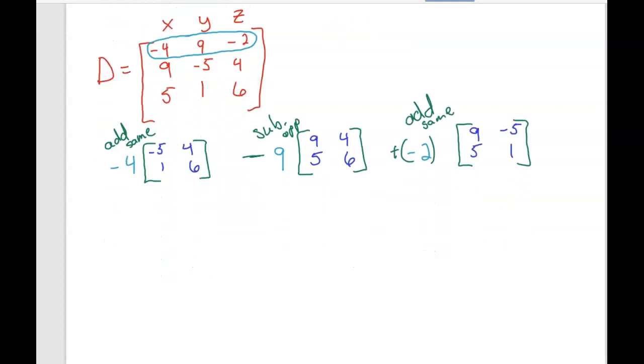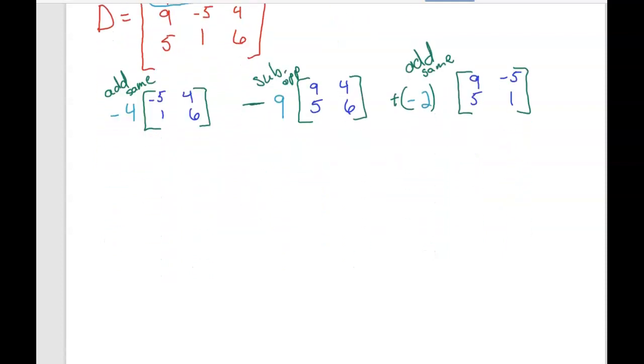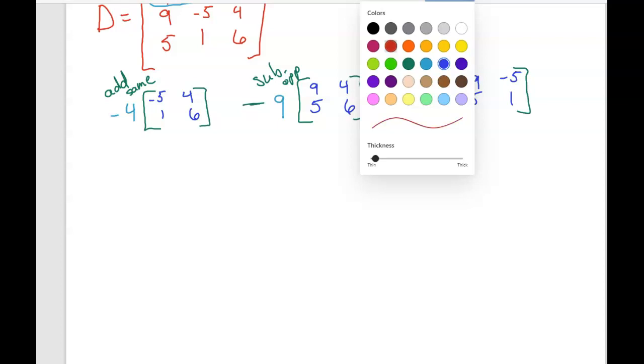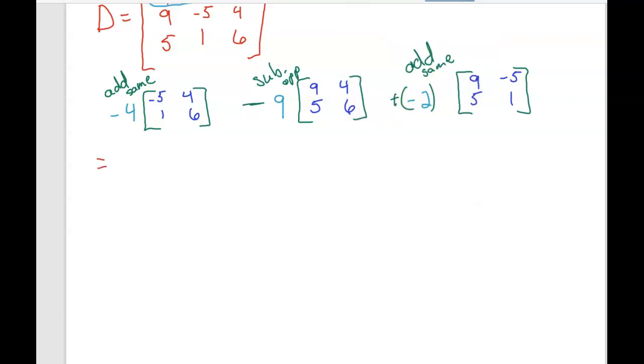So to actually get the determinant for this 3x3 matrix, we're going to have the -4 times, and then we're going to solve this 2x2 matrix. Remember, we take -5 times 6, which would give me a -30, minus the 4 times the 1, which would be 4.